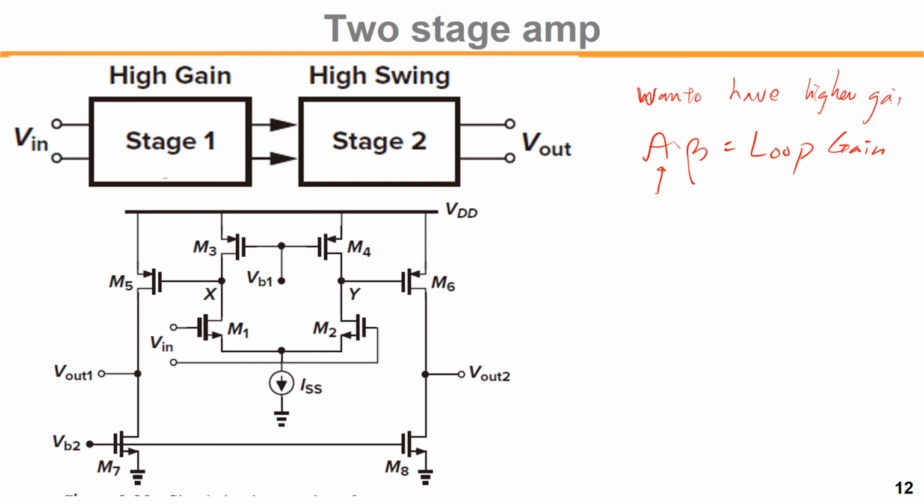The first stage typically supports the high gain, and the second stage supports the high swing level. So we focus more on the output swing level on the second stage, and the first stage is high gain because the internal swing will be small, because the final output will be developed at the output, right?